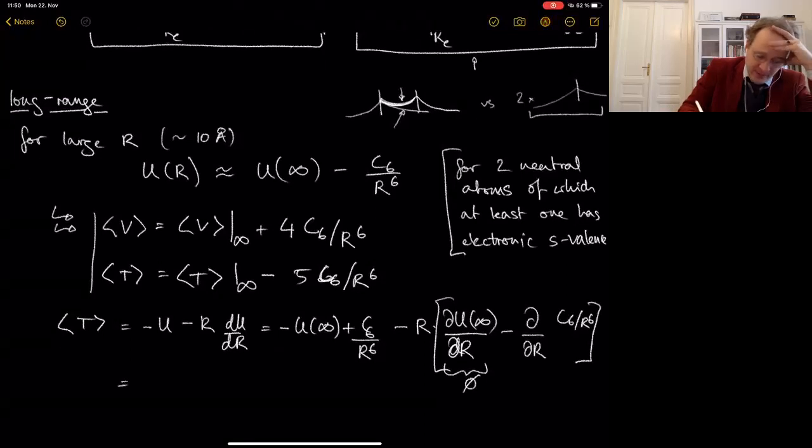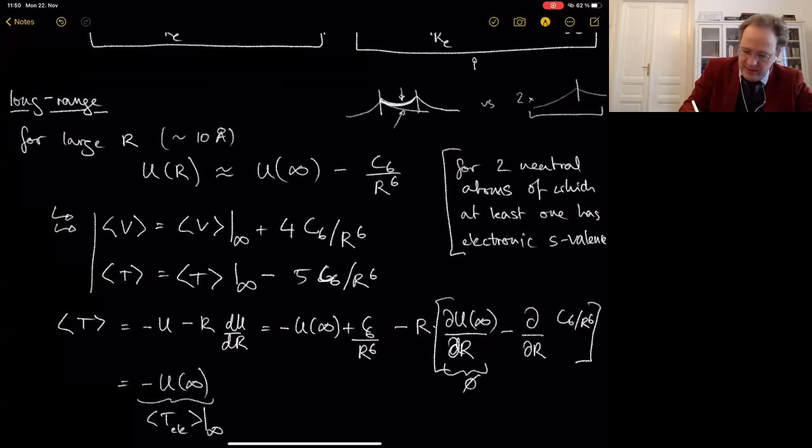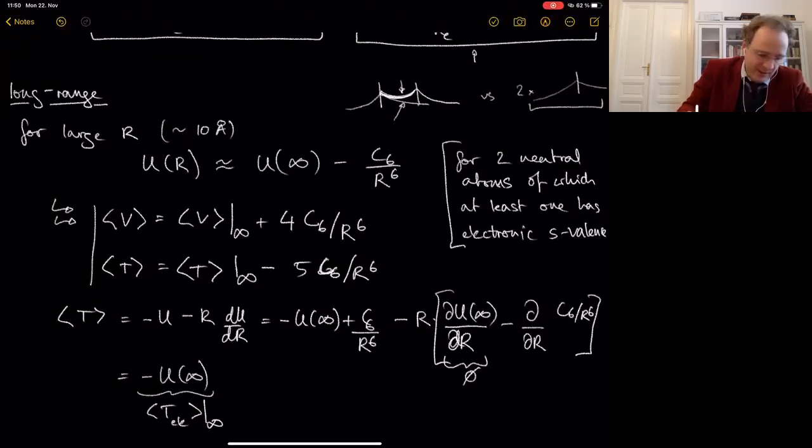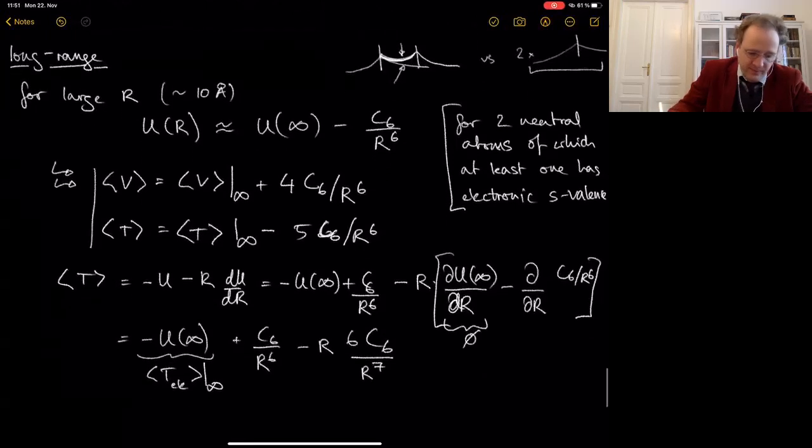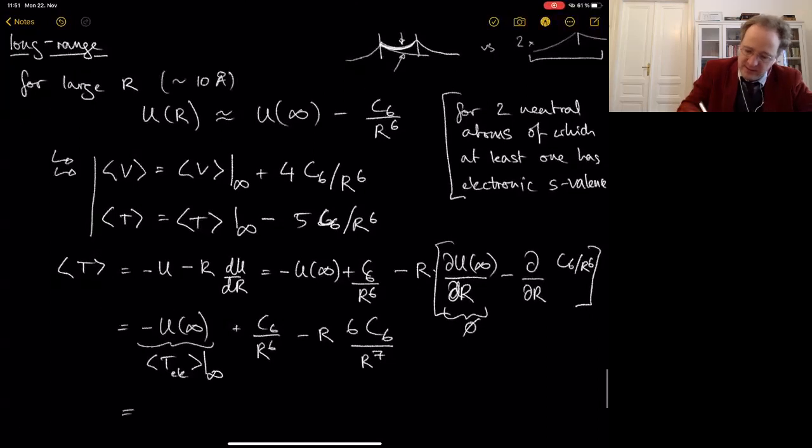And that then leaves you with minus U infinity, which is the same as T infinity, as we've shown above in the infinity regime, plus C6 over R to the 6 minus 6 C6 over R to the 7 times R. And this then means the R's cancel, and you have T infinity minus 5 C6 over R to the 6.